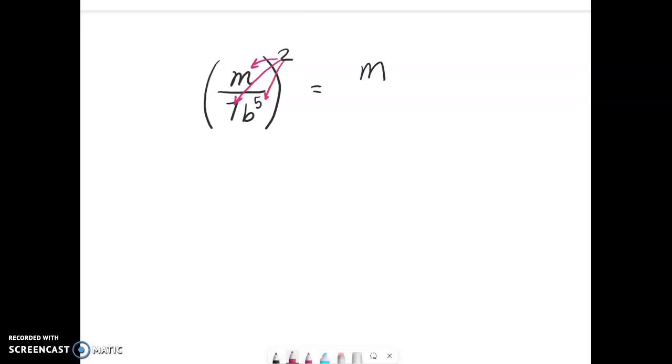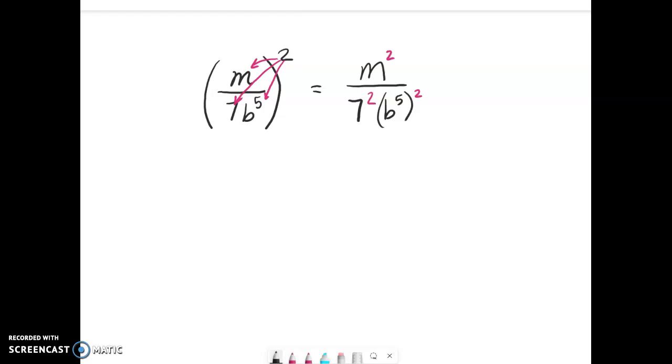So this will be m squared. And then I will have the 7 squared. And then I will have b to the 5th squared. So the 2, using the properties we talked about last week, applies to everything.